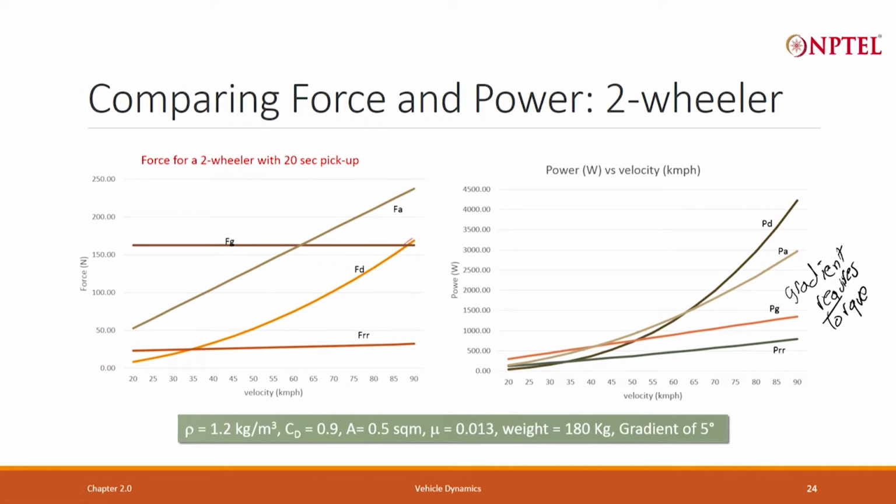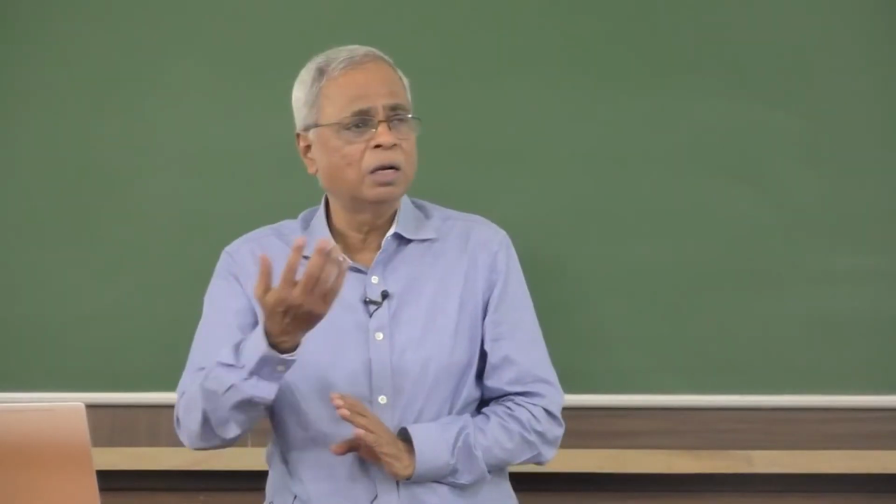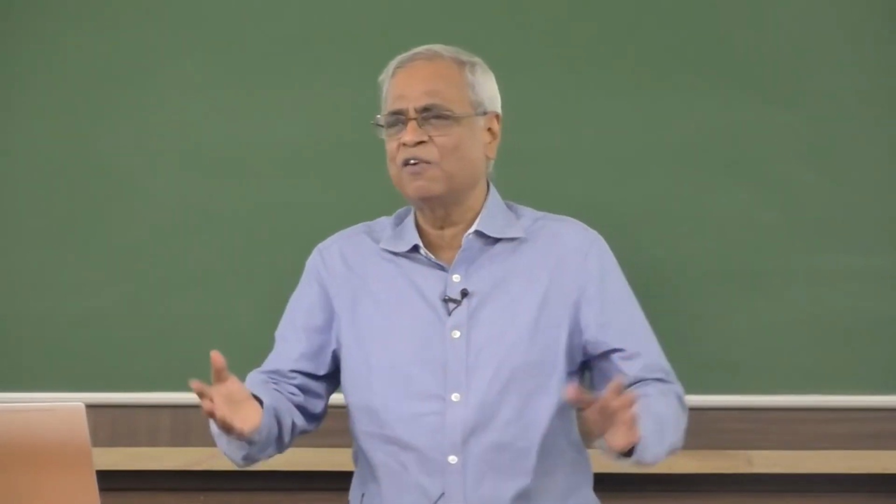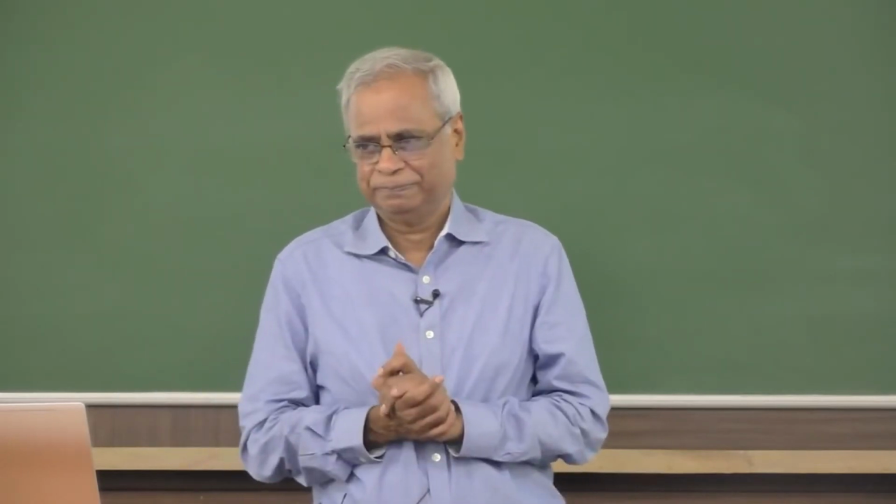At 80 kilometer it is 3000, at 85 kilometer it is 3500 watts, and at 90 kilometer it goes above 4000 watts. Now, this curve, though it is for two wheeler, we will do the similar curve for other things, is going to play a major role in designing of your motors and batteries.